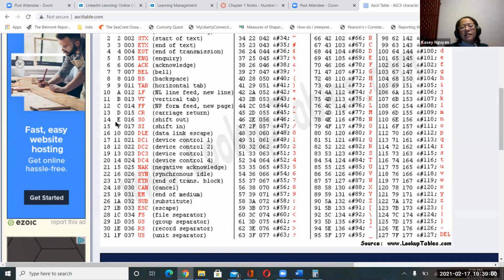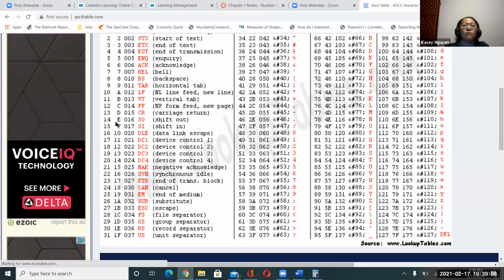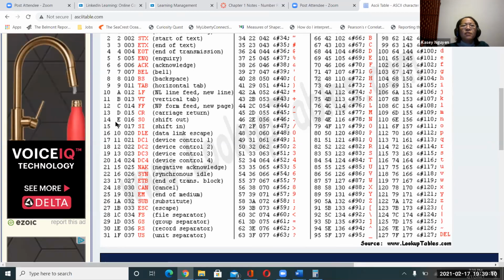Hexadecimal is also used in the physical address of your network interface card, which we call a MAC address, or media access control address. If you connect to the network using the Ethernet port, that card is ingrained with an address that identifies that particular Ethernet adapter.